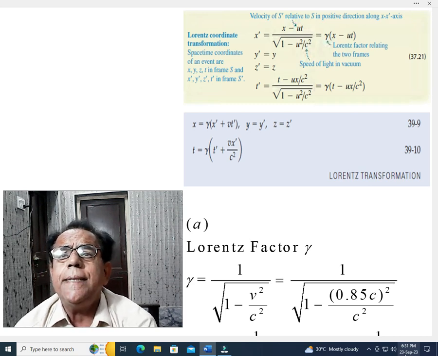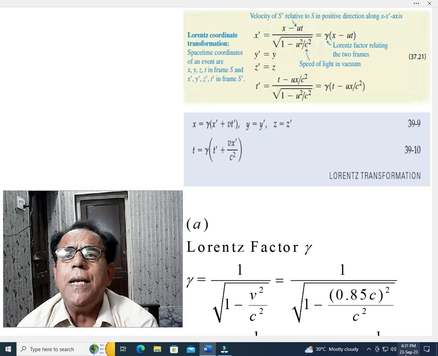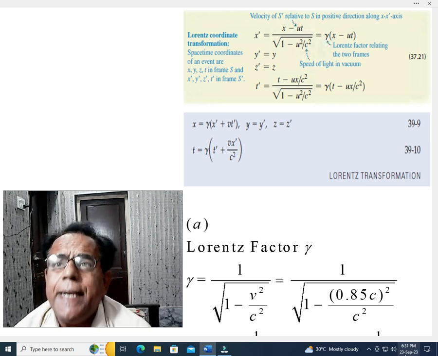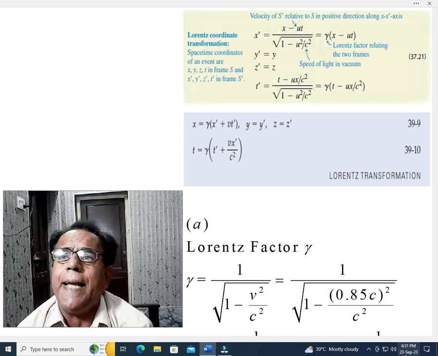This alternatively becomes equal to gamma times x minus ut, where gamma is the Lorentz factor relating the two frames. Similarly, y dash is equal to y and z dash is equal to z. These two coordinates do not change because we are taking into consideration the x dash axis.